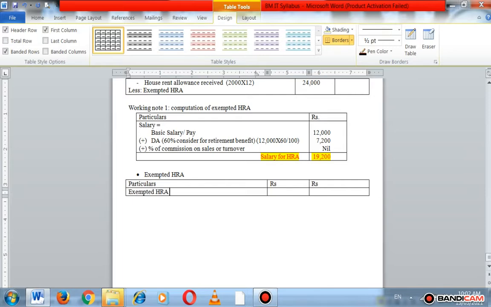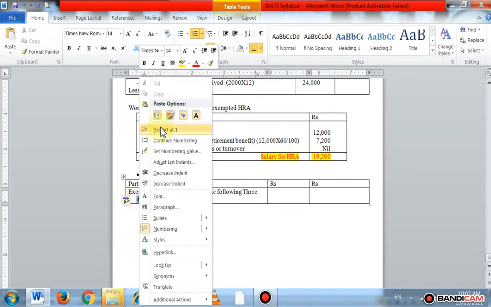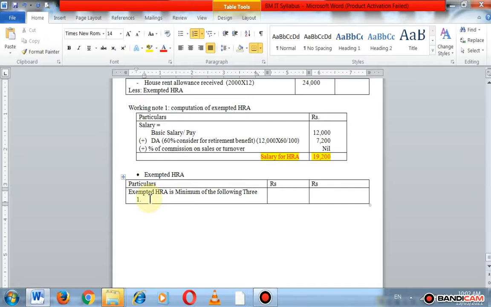Exempted HRA is the minimum of the following three. So here the first point is the actual HRA received.